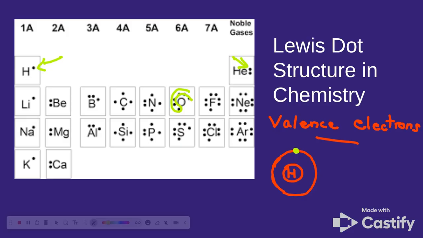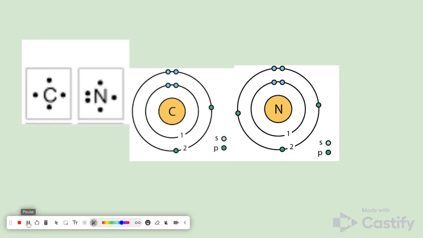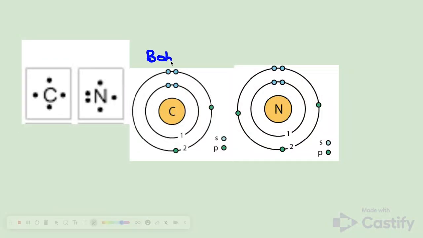There are exceptions, and we'll talk about those exceptions when you get to the transition metals. So let's look at 2 of them here. We have carbon, and we have a Bohr model here, right? Niels Bohr made these Bohr models. And we have carbon and we have nitrogen. So look at the dot diagram. It says that carbon should have 4 valence electrons, the electrons in the last shell.